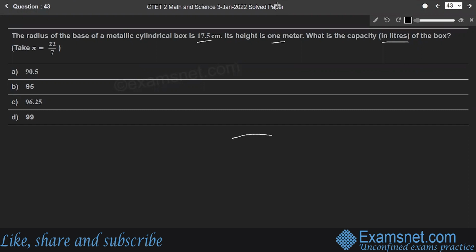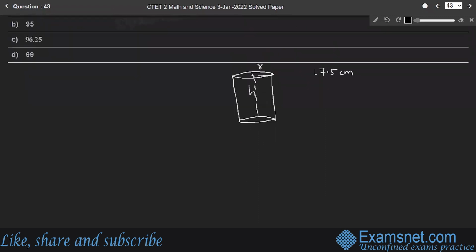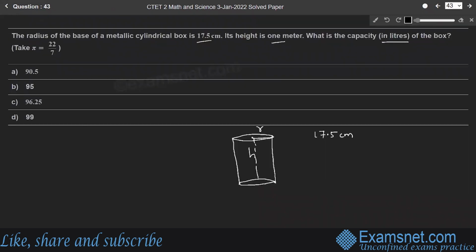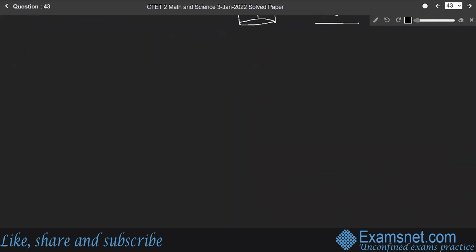Consider a metallic cylindrical box of radius r, which is equal to 17.5 centimeter, and height is 1 meter. Capacity in the sense its volume. Right, we have to find the volume of the cylinder.